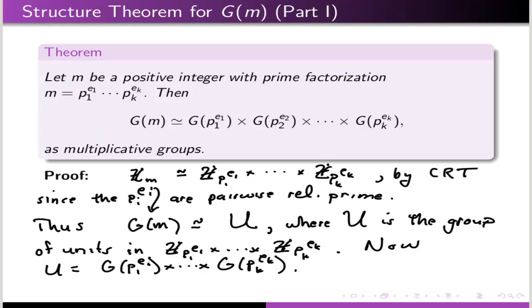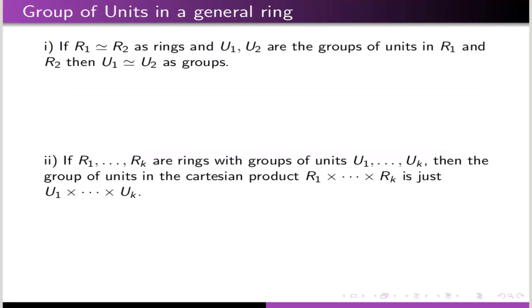We get that the group of units mod m is isomorphic to this Cartesian product of the groups of units. Now in proving this theorem, I've relied on two facts from ring theory, and I'll leave these as homework exercises. So we use the following fact. If R1 and R2 are isomorphic rings, and U1 and U2 are the groups of units in the rings, then U1 is isomorphic to U2 as groups.